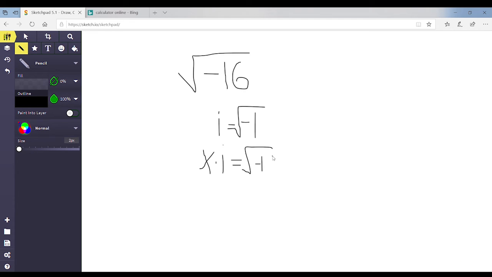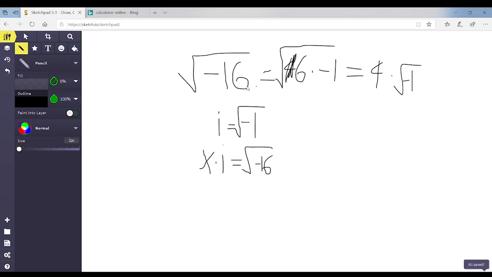The square root of negative 16 is equal to the square root of 16 times negative 1, and you can pull out the 16, so it's 4 times the square root of negative 1. If the square root of negative 16 is 4 times this, then it's 4i.